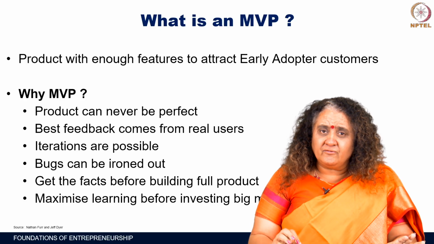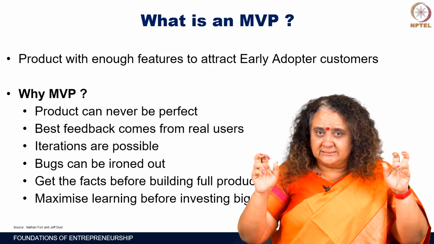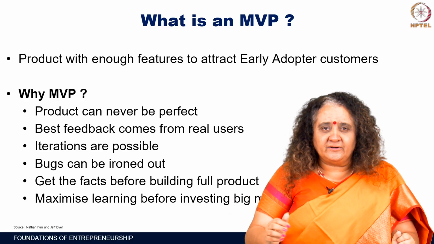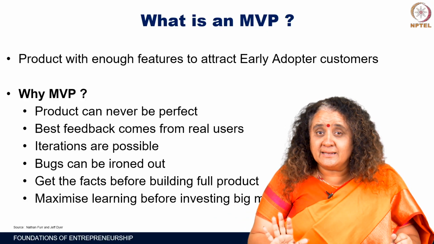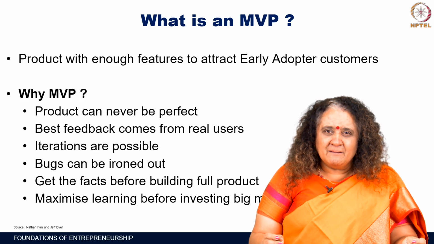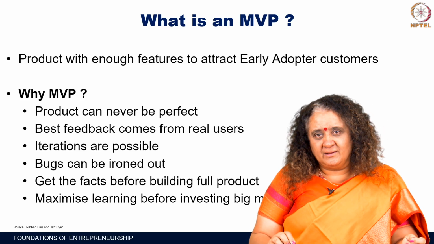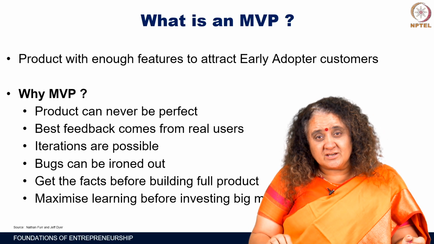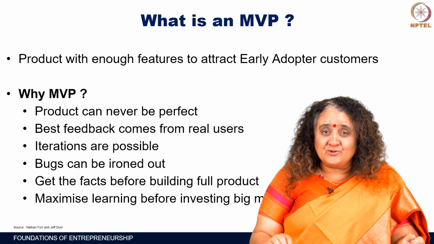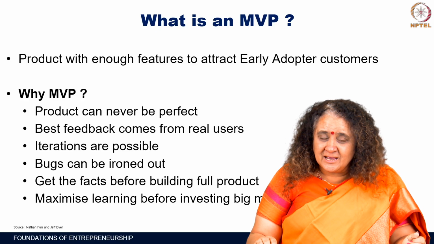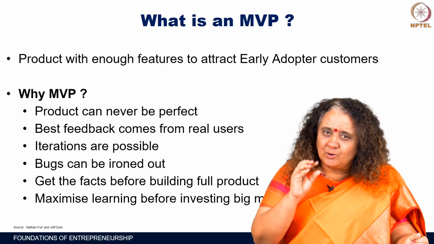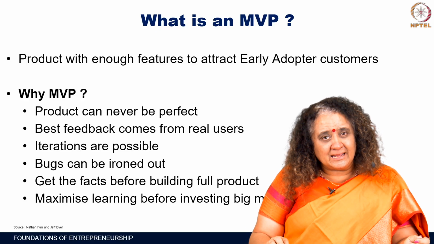It comes not from hypothetical users, meaning if I give you a product and say try it and give me feedback, but you have not put your money down to buy. So, you will give me some feedback, a lot of it might be true, but the penny has not dropped. It is not pinching you, it is not something that you put money for, and you are not putting it to use in a real situation, and therefore, feedback on a prototype is slightly lower order than feedback on an MVP.